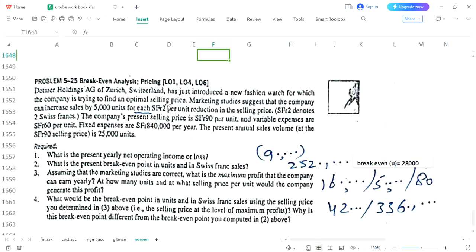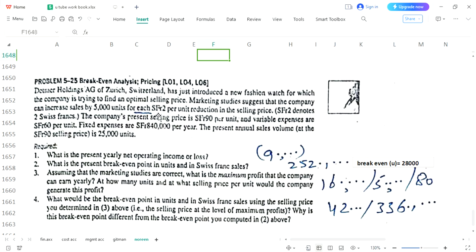Marketing studies suggest that the company can increase sales by 5,000 units, and this underlined word is very important, for each 2 per unit. This is Swiss franc. You can call it dollars, pounds, or rupees; it's just a currency unit, so it has no relationship with the question.